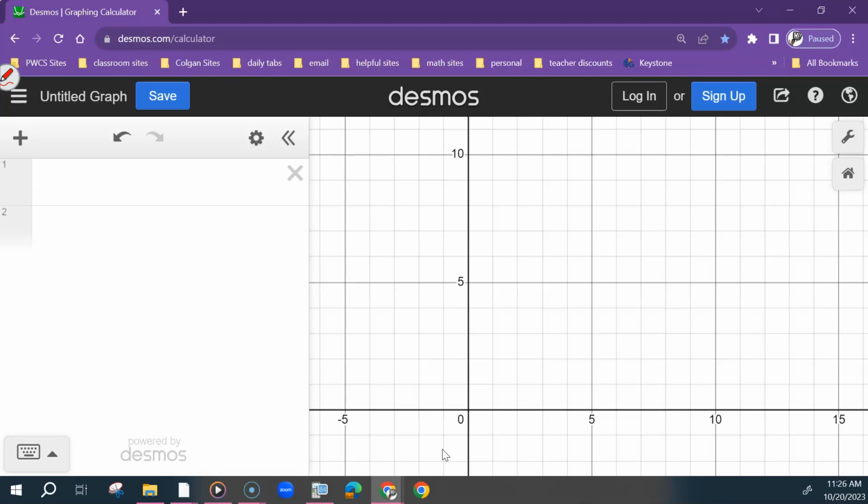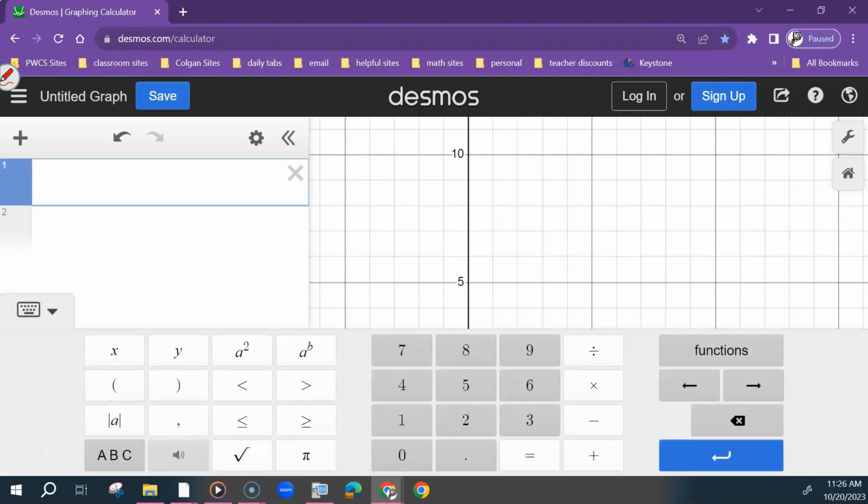One of the numbers 2 through 10. We'll do that one. Okay. So we're going to type in number 8 into Desmos. So for the third, you want x and then the a to the b. But after you do that, you have to go to the right to come out of it. Plus 2x squared minus 15x.